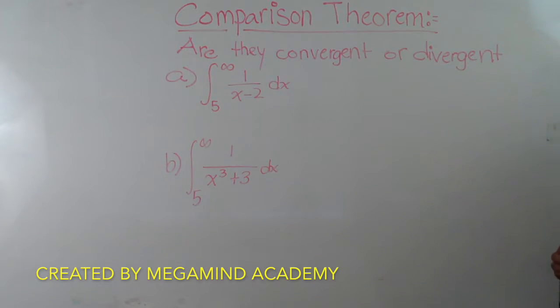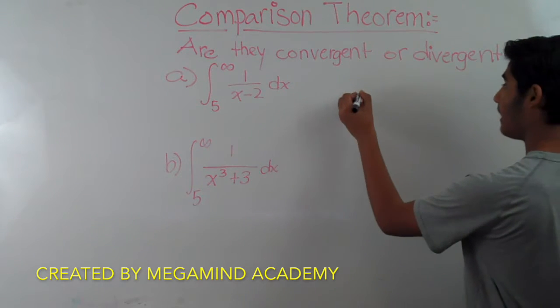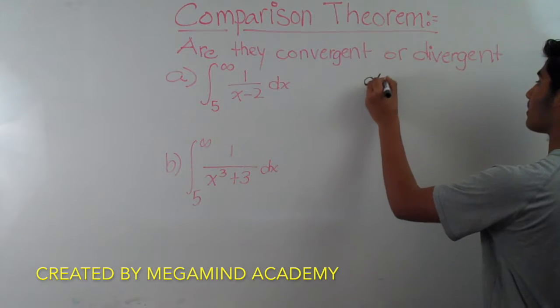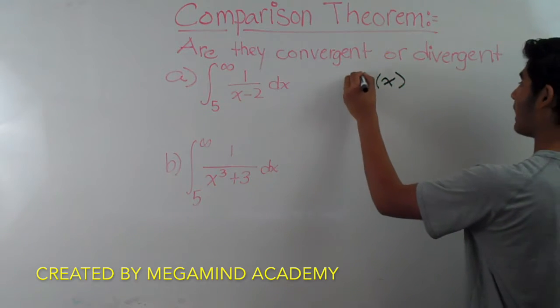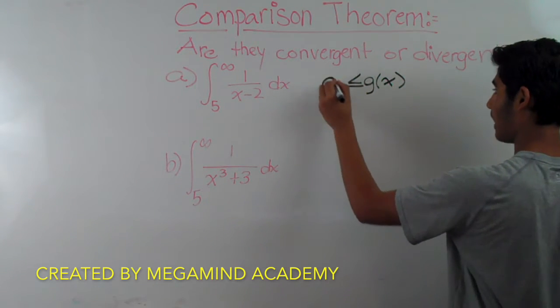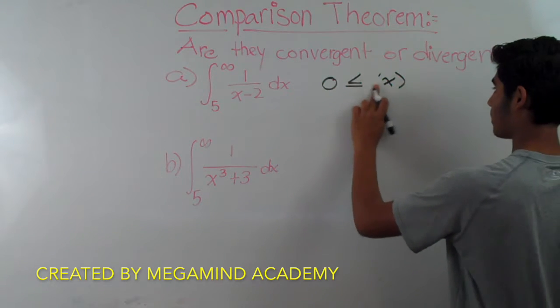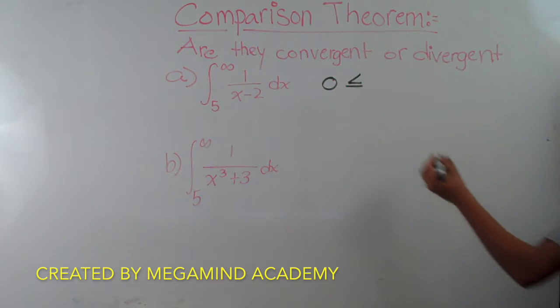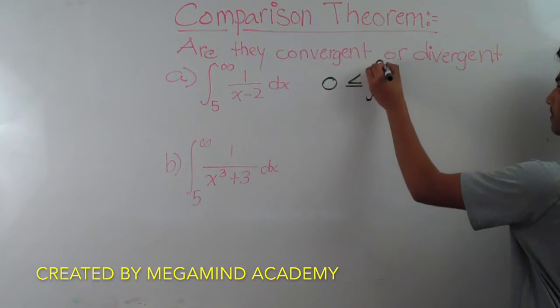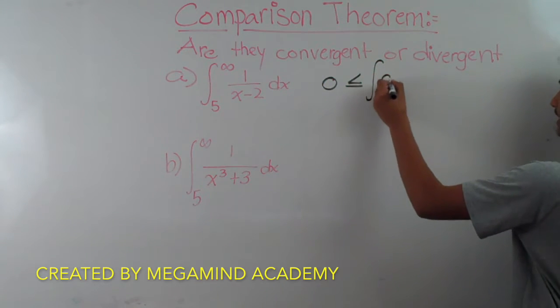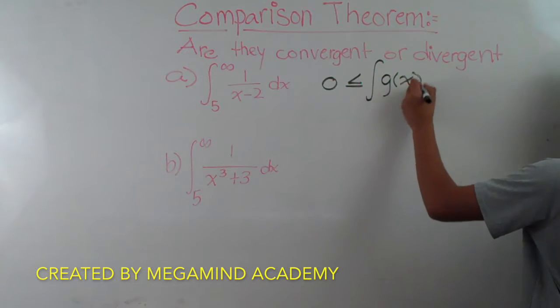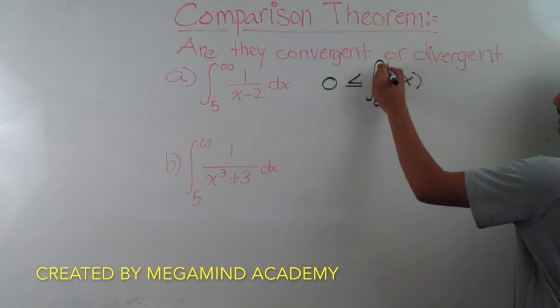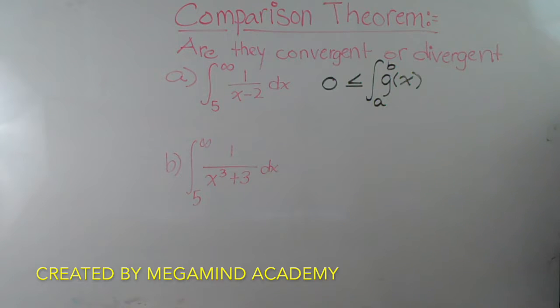For the convergence one, the second example that we looked at, if g of x is greater than or equal to 0 for all x on this interval, so if the integral for g of x from a to b is greater than or equal to 0.